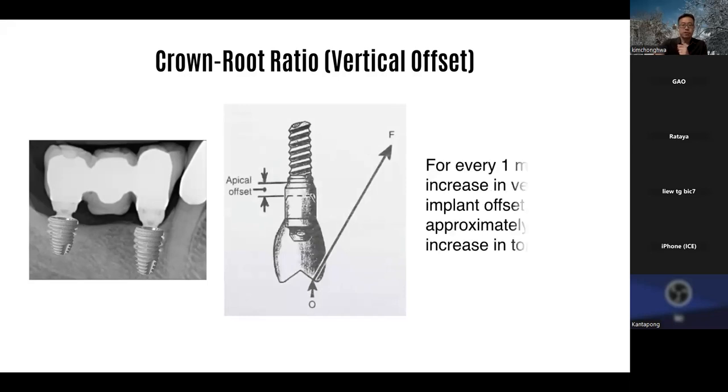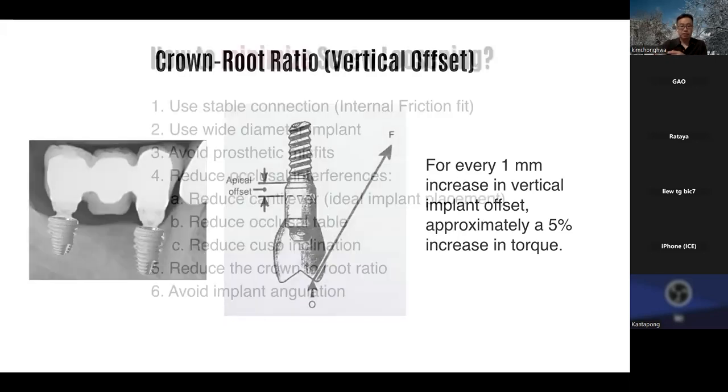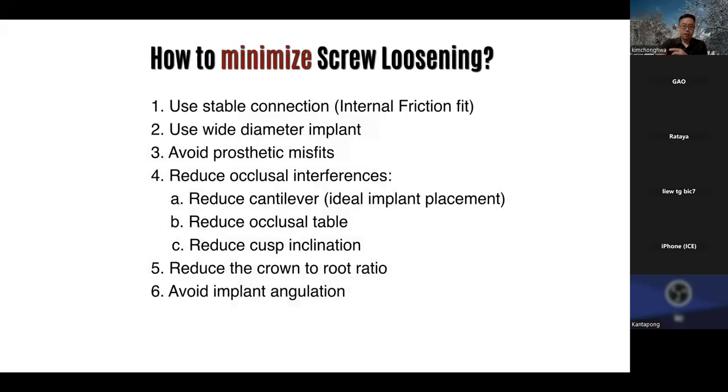So for every 1 millimeter vertical offset, we can approximately increase the torque by 5%, which is a lot better than horizontal offset, fortunately. And you should also avoid any angulation during implant placement.